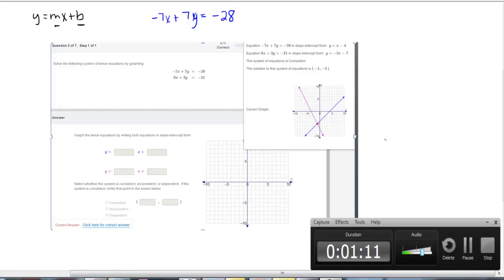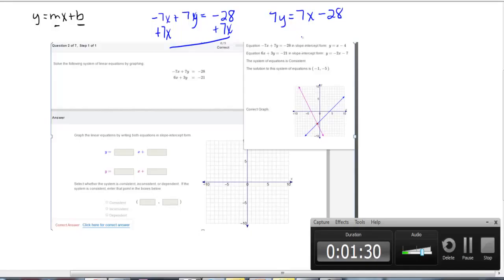Now I can bring the 7x over to the right by adding it to both sides, and then I'm left with 7y equals 7x minus 28.